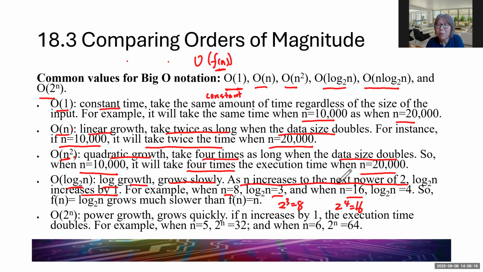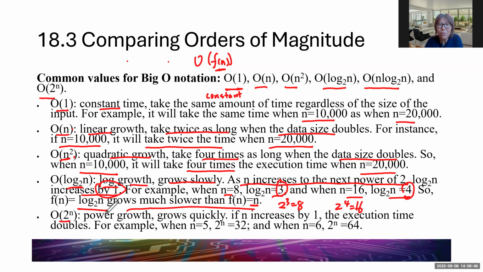When it grows to the next power of 2, log 2n only increases by 1. So it grows very slowly, much slower than linear. It's ideal if you have an algorithm that runs in log 2n.